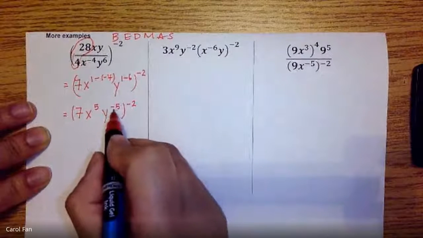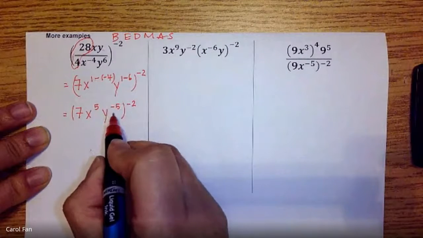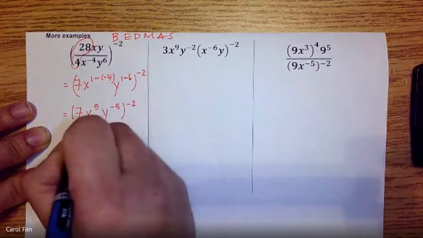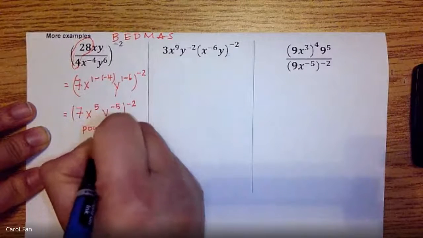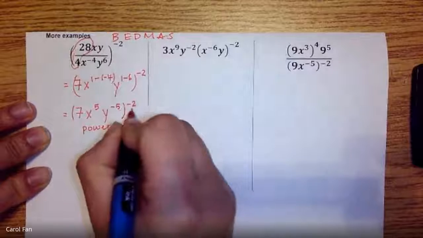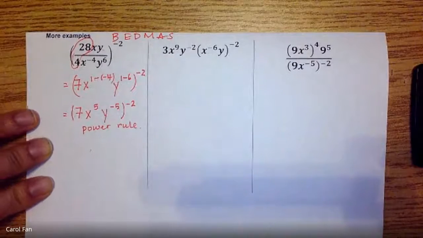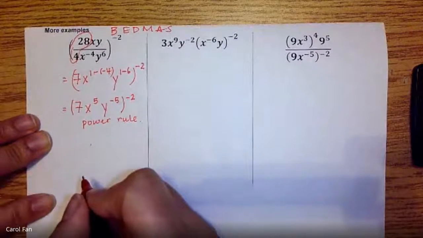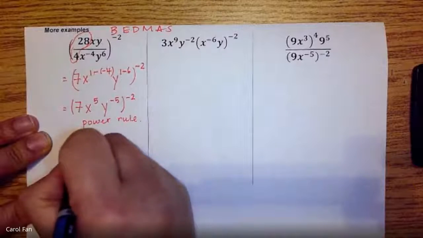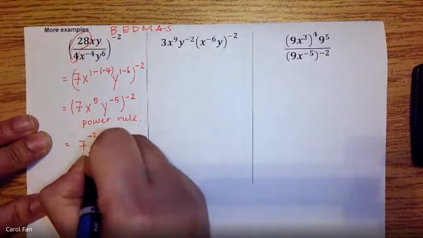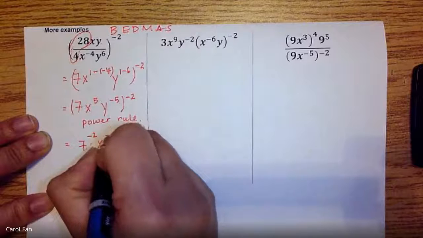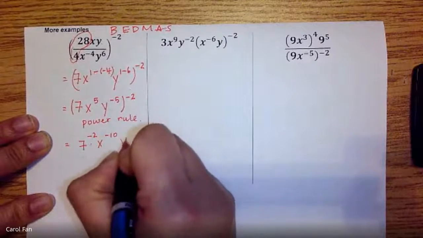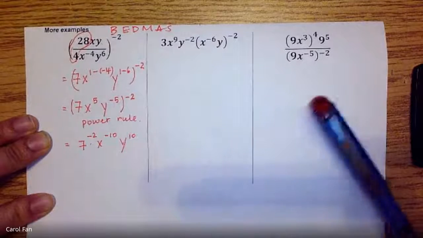Now, before I simplify my negative exponent, I'm going to use the power rule to incorporate -2 into my power. Okay, so I have 7 to the power of -2, x to the power of 6, and y to the power of 10.